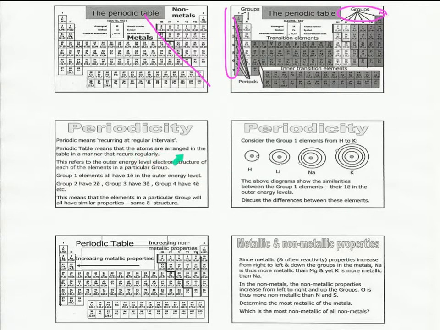Periodic table means that atoms are arranged in a table that occurs regularly. It refers to the outer energy electron structure of a particular group. Last year we just learned group 1, group 2, group 3, group 4, group 5, group 6, group 7, group 8. We didn't know how that arose. It arises from having 1 valence electron, 2 valence electrons, 3 valence electrons, and you need to know what these valence electrons are, by the way.